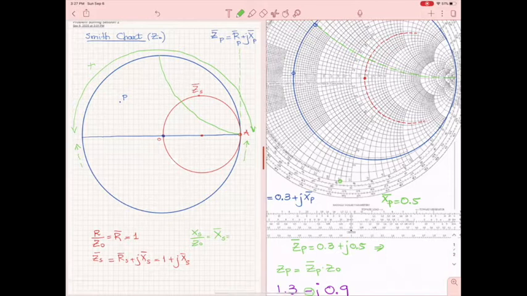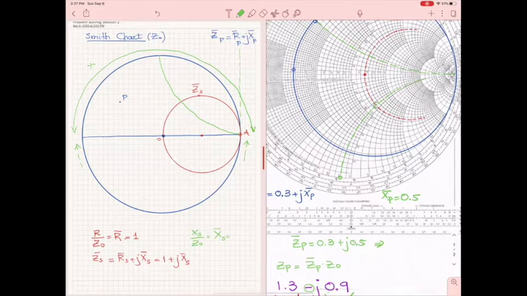All of the points of this circle have the same normalized reactive part, minus 0.9. So here I have Z load normalized.